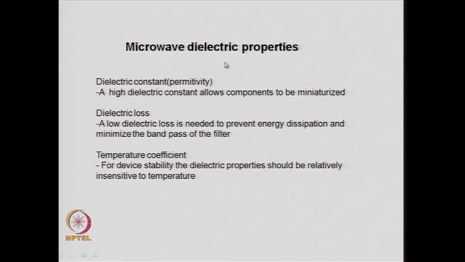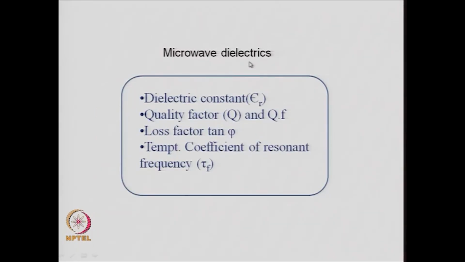So, in microwave dielectrics, other than the dielectric constant and the dielectric loss, there are other factors like the quality factor, which is the inverse of the dielectric loss, and the most important quantity, which is the temperature coefficient of the resonant frequency.